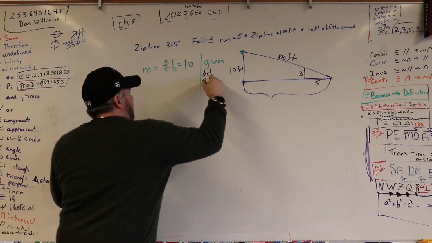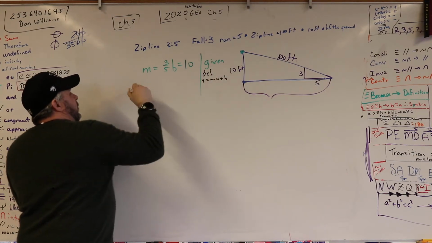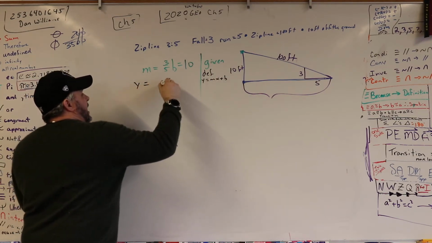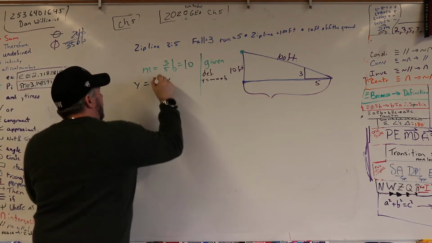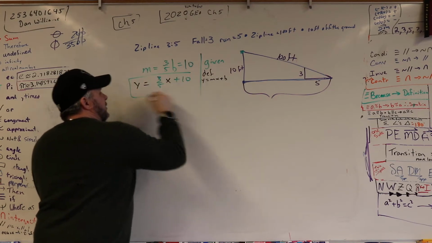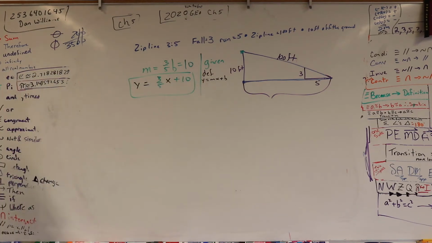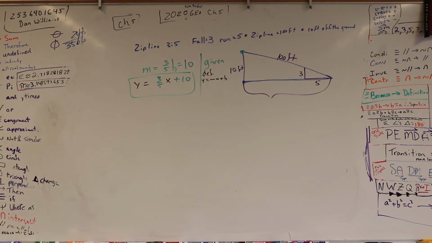So y equals mx plus b. What's m? 3/5. What's b? 10. And there's your equation of a line. So that's the first question. Can you write an equation of a line?